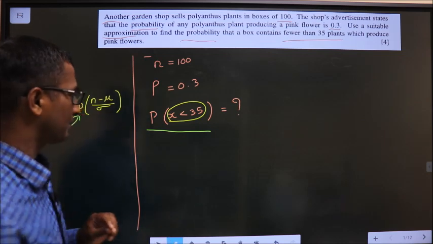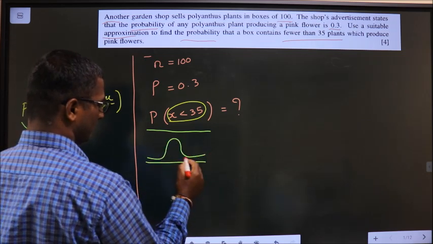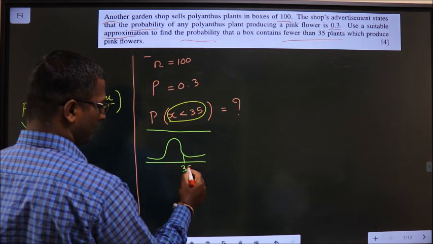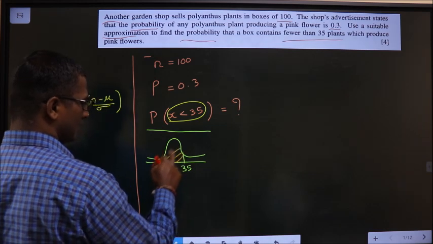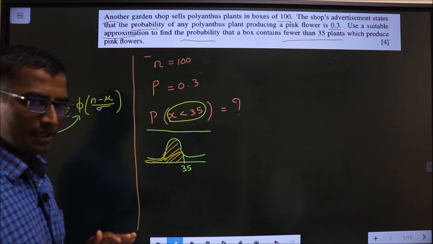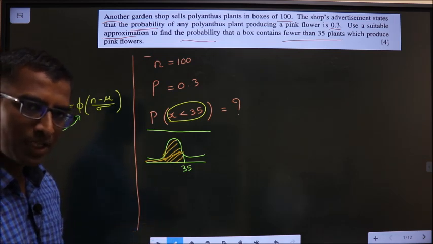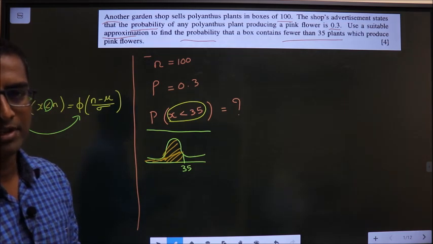See here. Let us say this is the normal curve and here it is 35. Less than 35 means this area is what you need to find out.